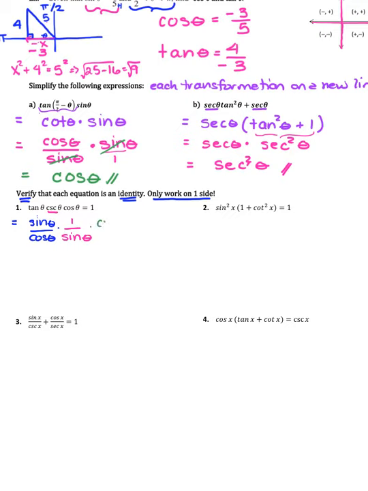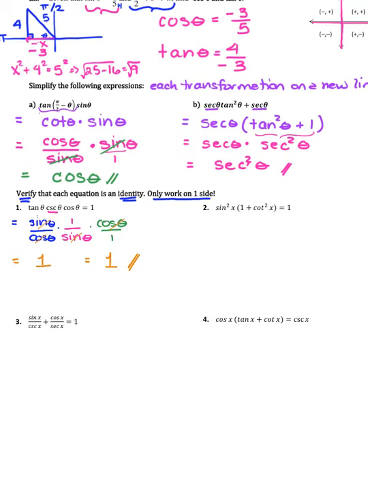And cosine is just cosine. There's not really much you can do to it, but I'll put it over 1 just to emphasize what's happening. Now I look at this and I notice, this sine would cancel with that sine, this cosine would cancel with this cosine, and that all would cancel down to 1. And notice that is on the other side, so I'm done. There's your first trig identity.